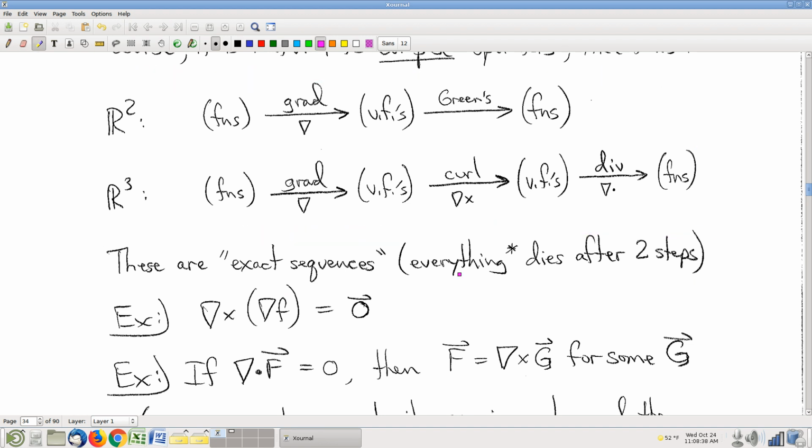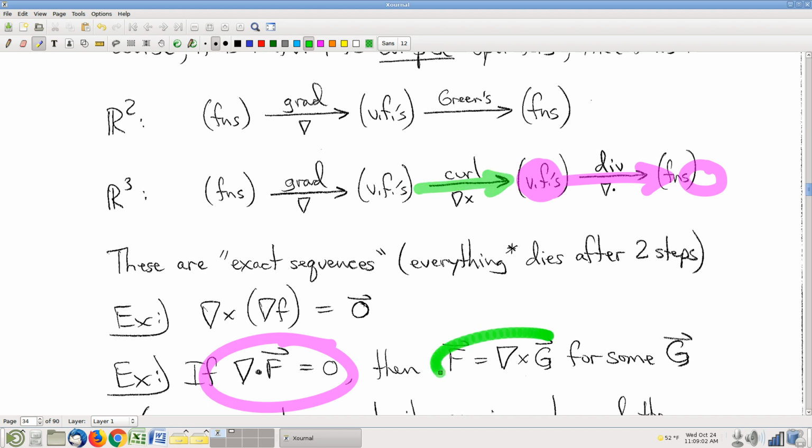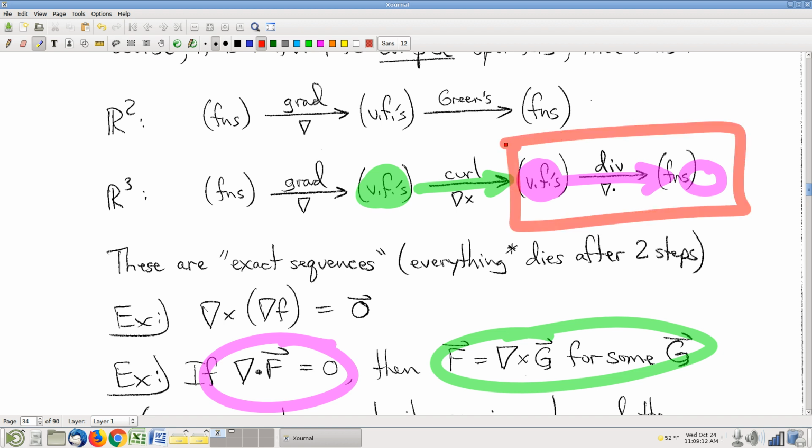If you have some vector field whose divergence is 0, again, I like to think of 0 as representing nothingness. It's kind of like death, if you will, dark metaphor. But if the divergence is 0, that means that vector field must be the curl of some other vector field, because this cannot be the entire lifetime story of that object.